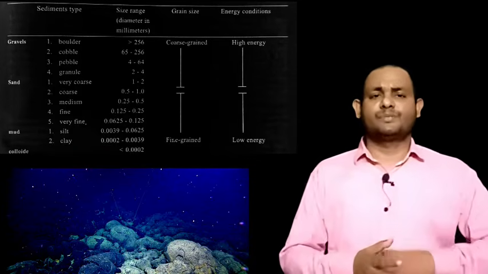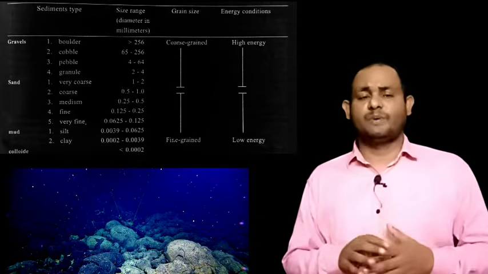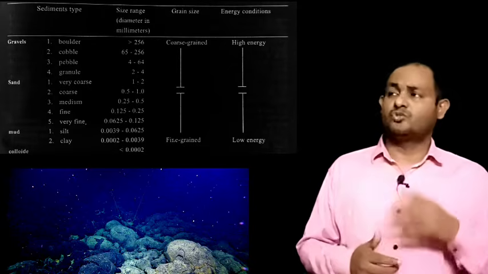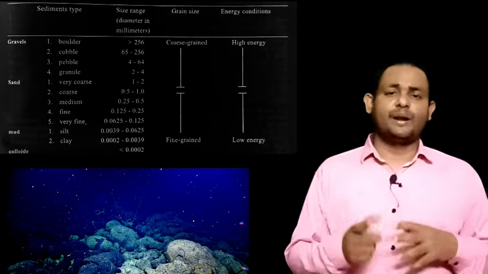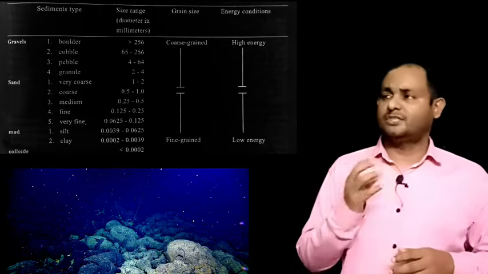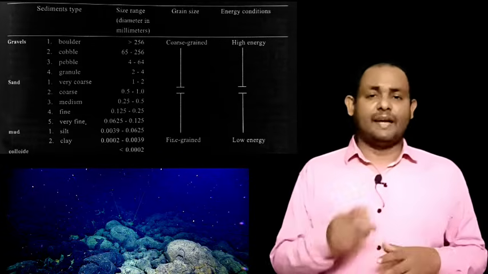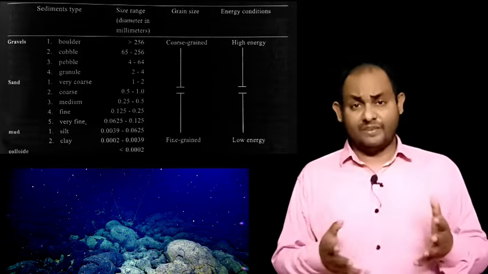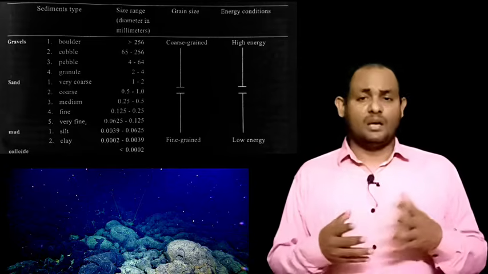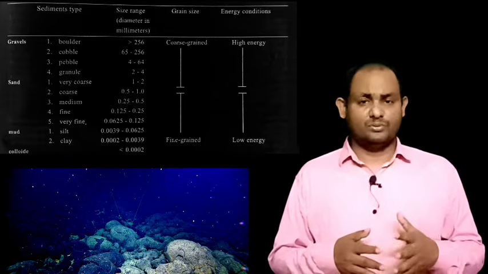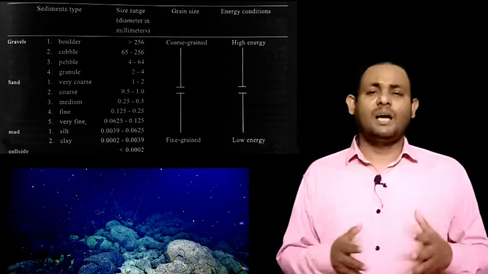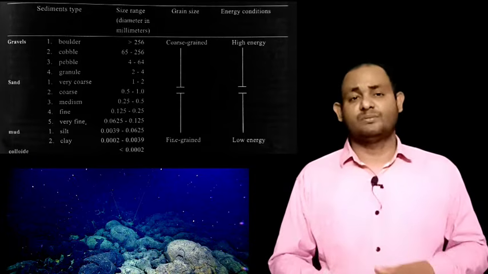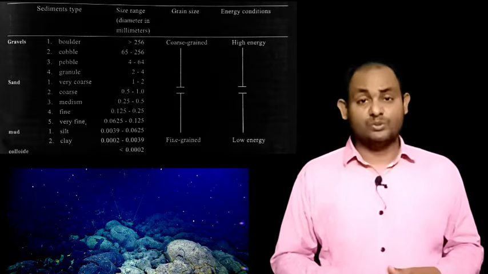On the basis of grain size, sands are classified into 5 types: very coarse sands 1 to 2 mm, coarse sands 0.5 to 1 mm, medium sands 0.25 to 0.5 mm, fine sands 0.125 to 0.25 mm, and very fine sands 0.0625 to 0.125 mm.